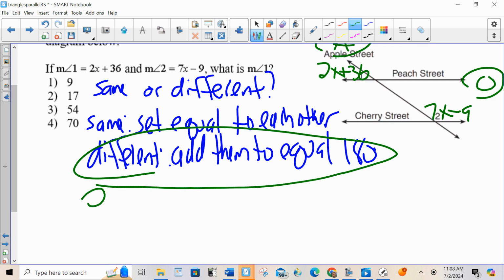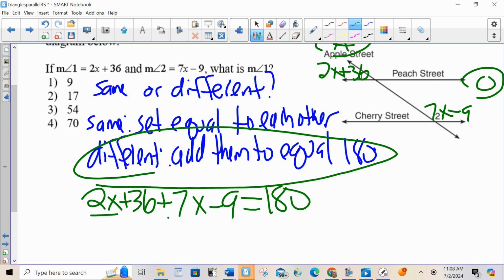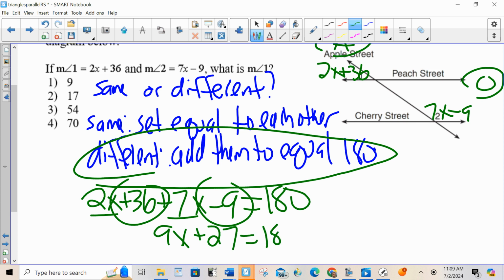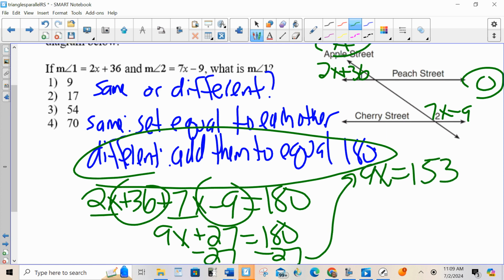So I'm going to do 2x plus 36 plus 7x minus 9 equals 180. I do algebra. I combine like terms. I get 9x equals 153. Divide by 9. I get x equals 17.